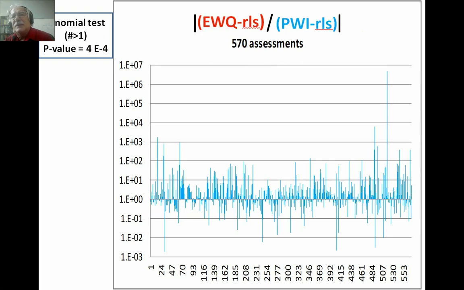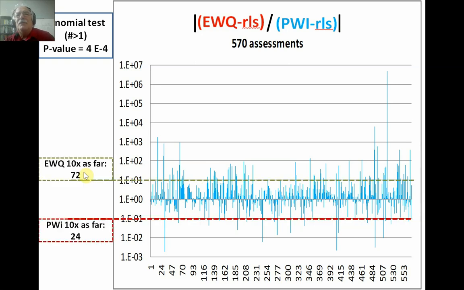And the reason is that this is a performance variable which is not folded into the performance weighting. It's a co-benefit. So if we look here at these two lines, this green line denotes 10, and the red line here denotes 1/10. So every forecast which is above this green line is a case in which the equal weighting forecast was at least 10 times as far from the realization as the performance weighted forecast.